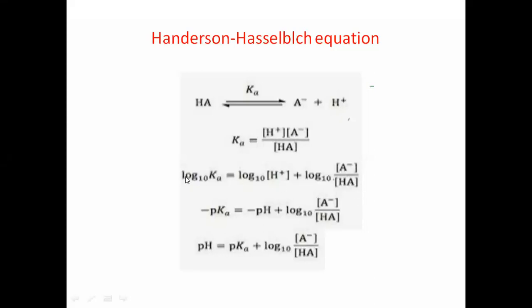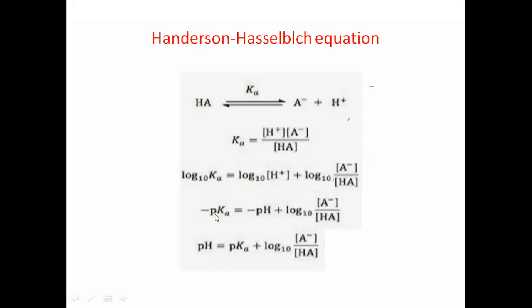Now, suppose you put a negative sign all over the equation, minus log Ka equal to minus log H plus minus log A minus by HA. That is how it will come. And this minus log Ka, look here, is pKa. See what he has done: without introducing the minus, he has simply put a minus over here.